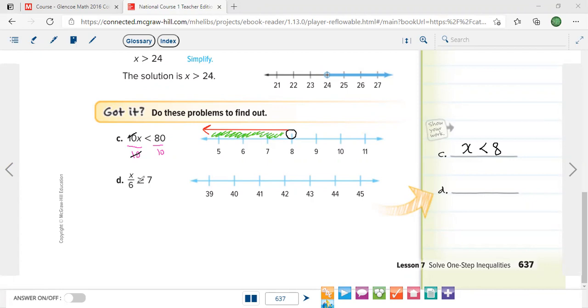X over 6, over means division. Over means division, so we multiply. 6 multiplied by 7 directly. So x here remains alone, greater than or equal to 6 multiplied by 7, 42.